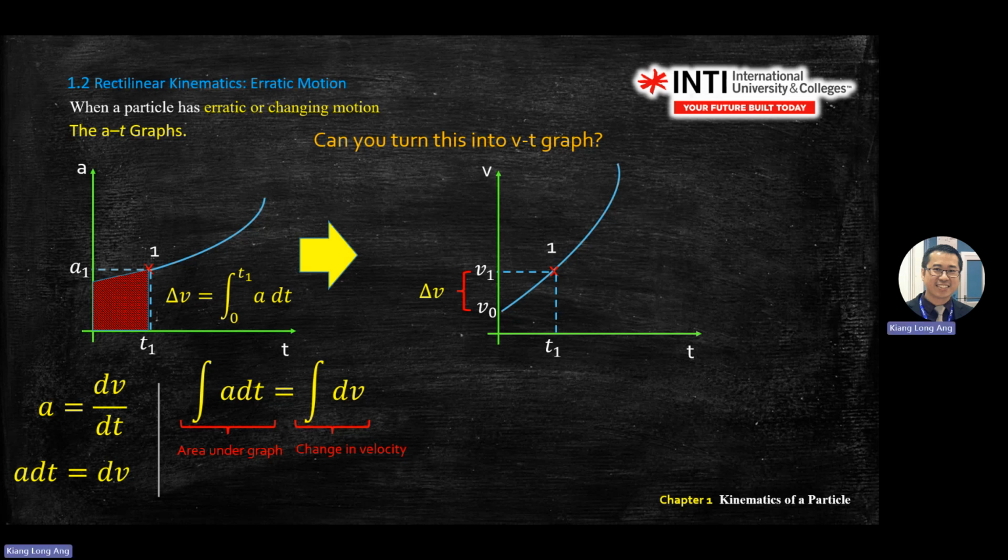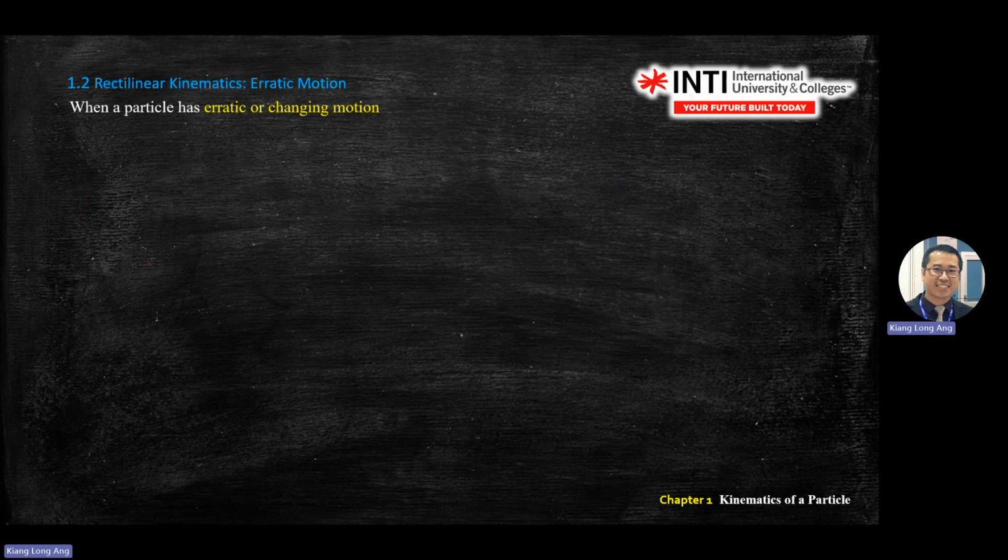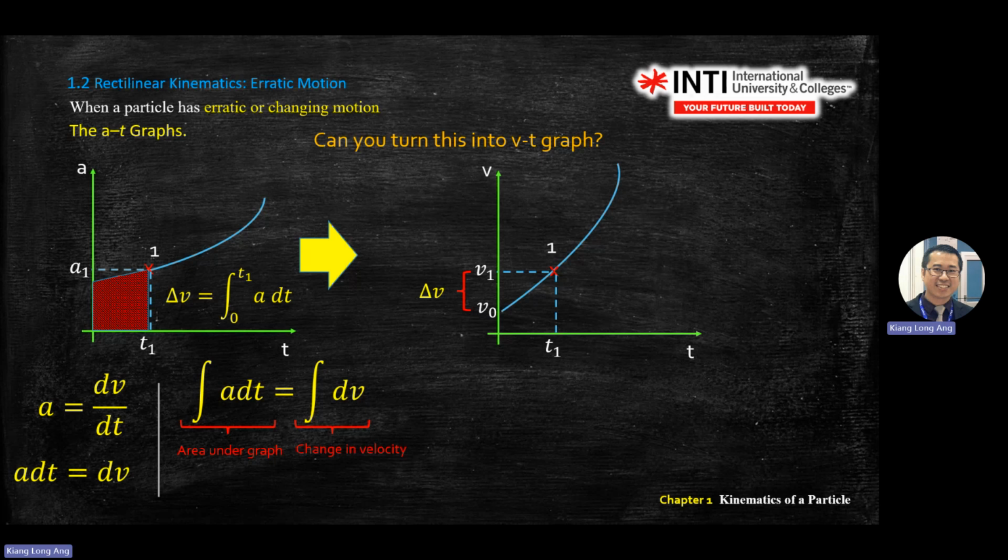And then from the initial, you take V1 minus V0, you get the change of velocity here. This is on the curve, on the graph. Make sense? Okay.